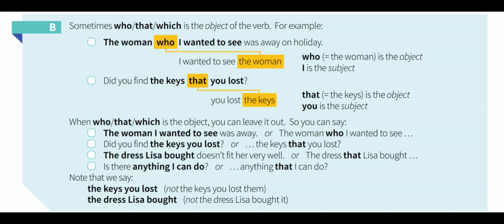Just like here, where it says, I gave her all the money that I had. If you say all the money what, what is the thing, meaning it's like you're saying, I gave her all the money. That's why we can't say what, but we say that.